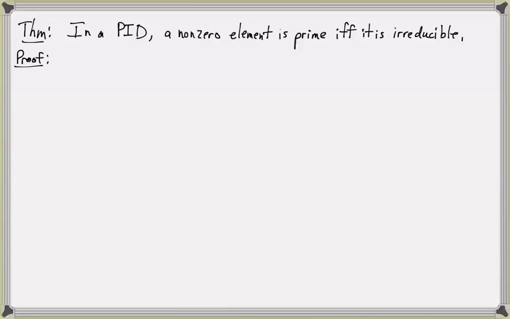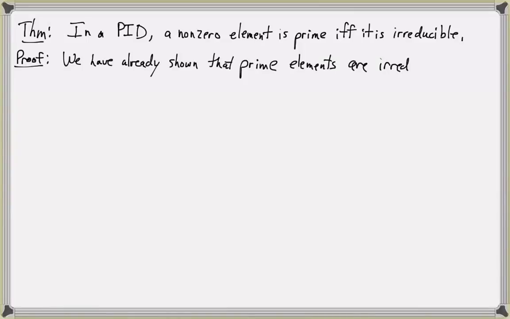We've already proven the forward implication, that is, we've already proven that prime elements are irreducible. So it remains to prove the converse.